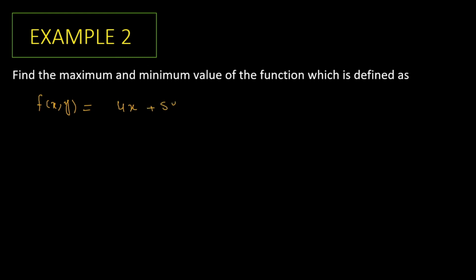And the second function is phi of x, y, and this is equal to 4x plus 6y. These are the two functions, and the constraints corresponding to these functions are 2x minus 3y.